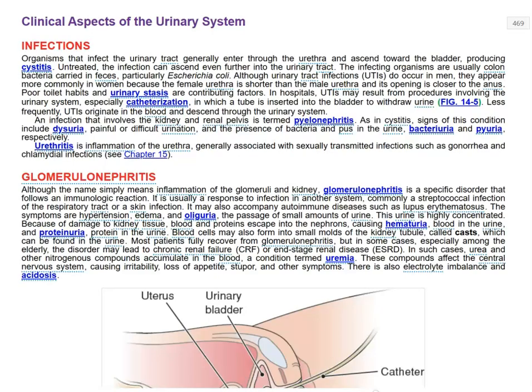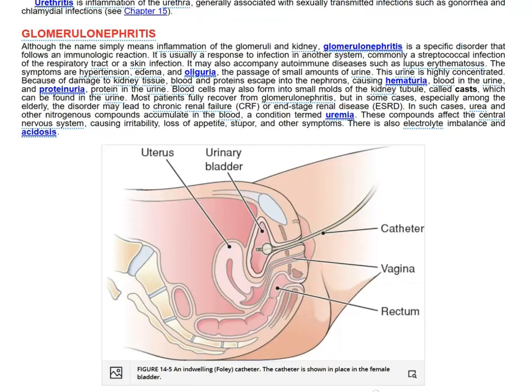Infections can occur very easily in the urinary system. Think about it: in the male genitalia there's an opening, and in the female there's also an opening. We have a little bit more protection, but there are lots of things that happen down there, so infections are very, very common.